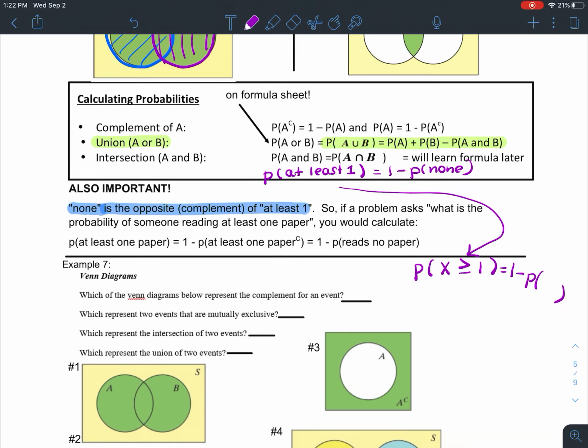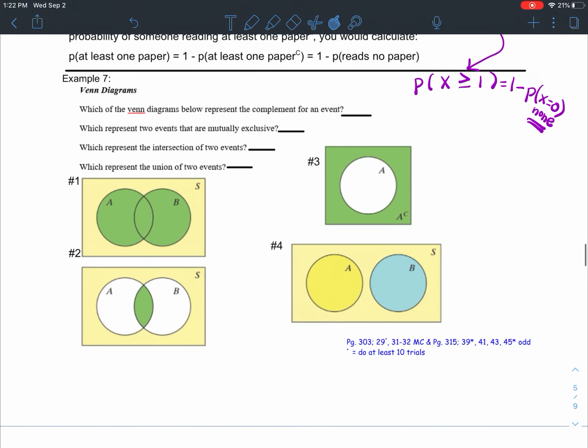So if you were to do 1 minus the probability of not being greater than or equal to 1, you would say the probability of x equals 0, another way of saying that is none, okay? Because you're including 1 and everything greater than 1, so the only thing you could exclude that you would want to subtract from 1 is the probability of none.